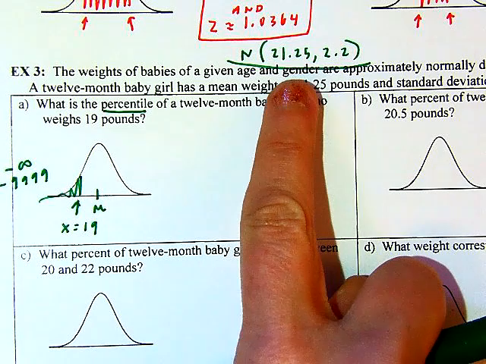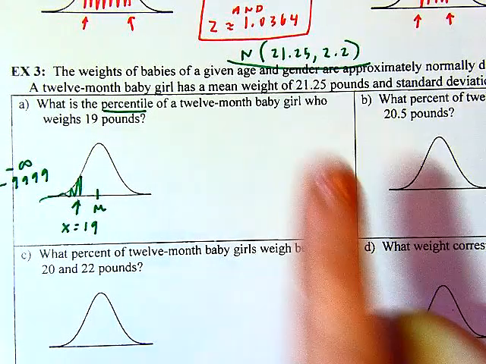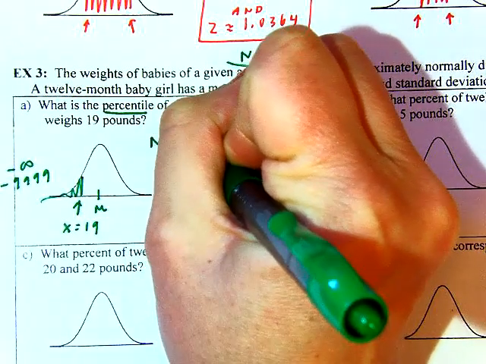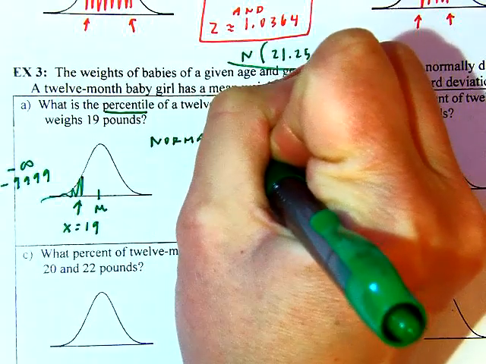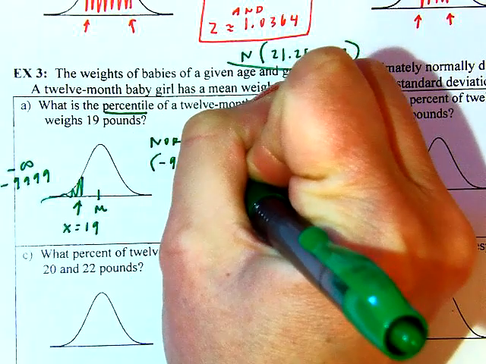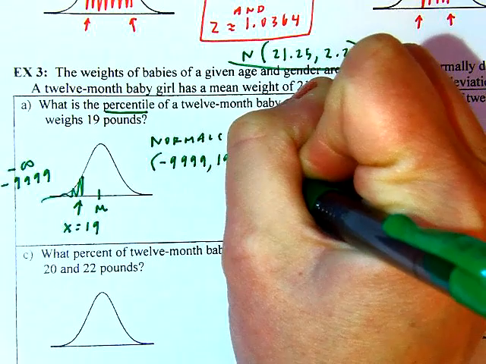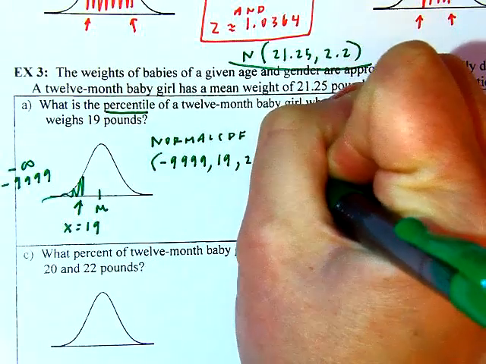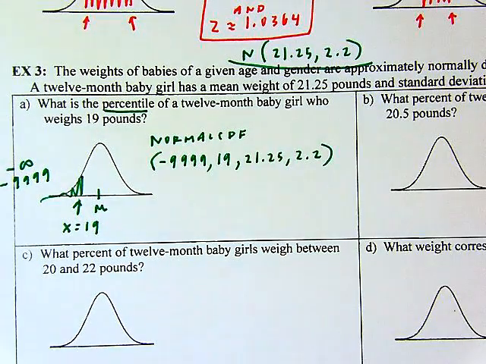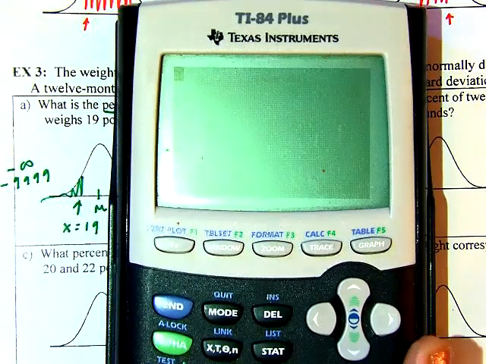And then we're using this mean, this standard deviation. So we're going to say normal CDF, from negative infinity, here's my placeholder for that, up to 19 pounds. Mean is 21.25, standard deviation is 2.2. All right, so we're going to plug that in.